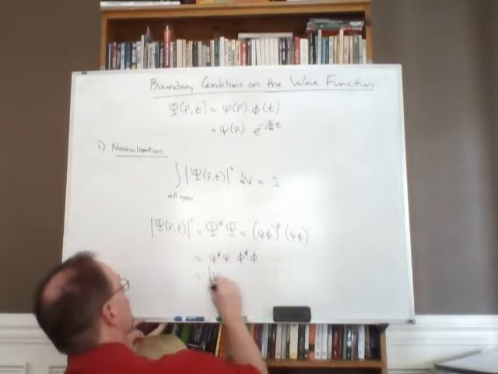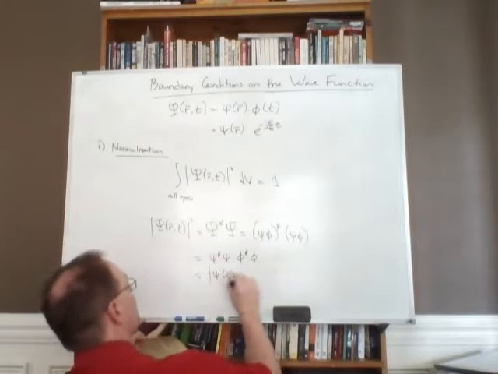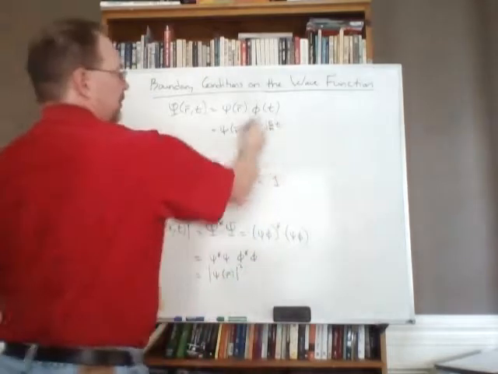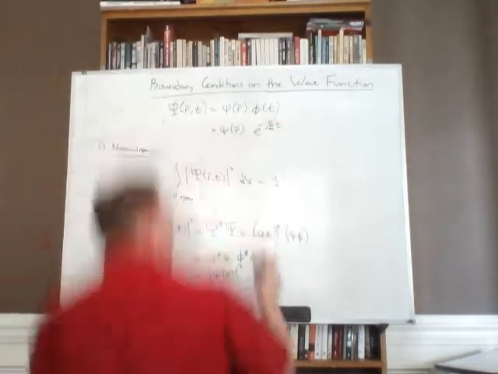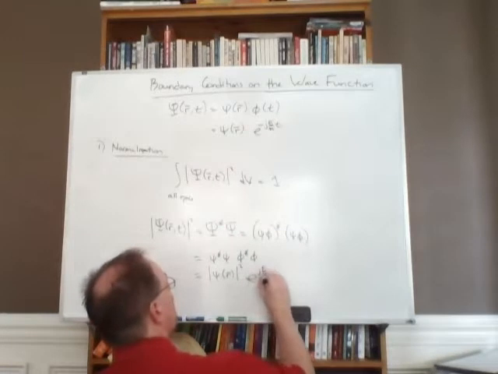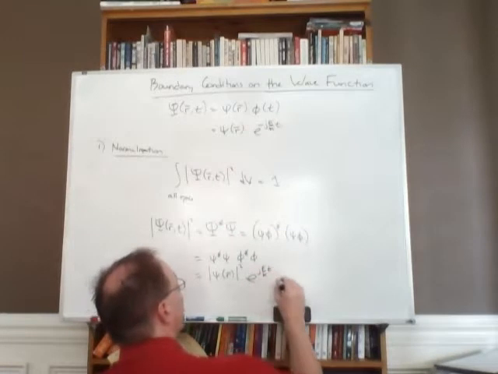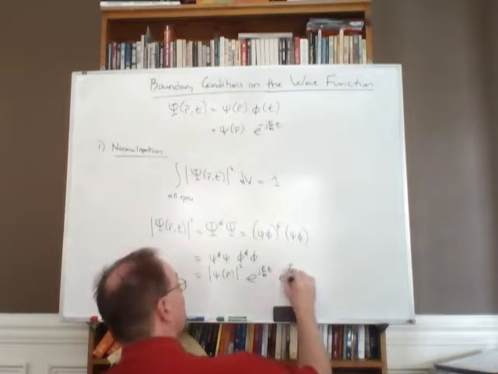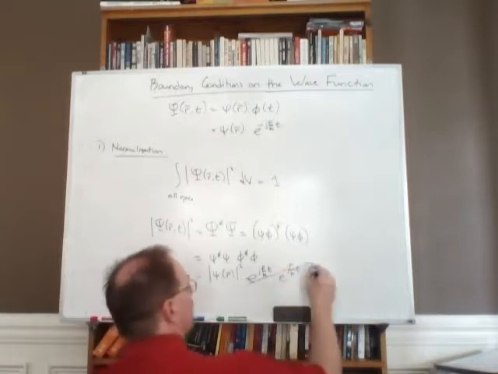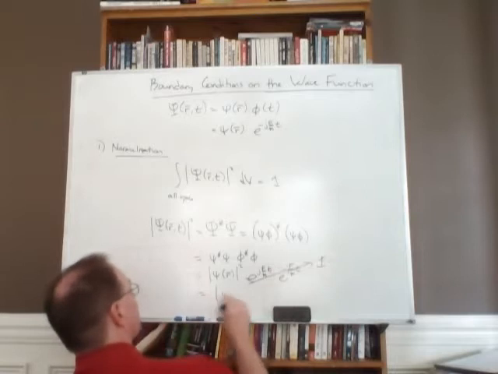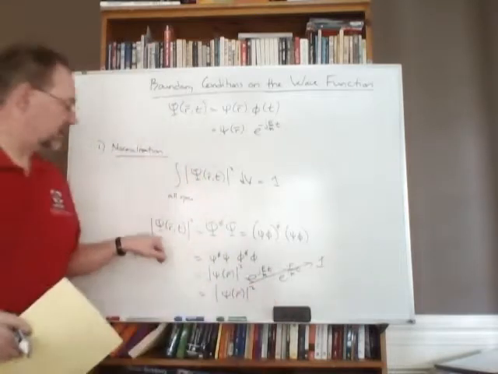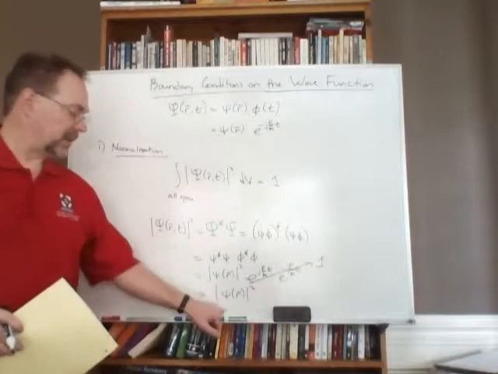This would be the square magnitude of little psi. And then here we have phi. So the complex conjugate of phi is e to the j E over h bar t, and phi is e to the negative j E over h bar t. Well, that's 1. So the square magnitude of capital Psi is equal to the square magnitude of little psi.